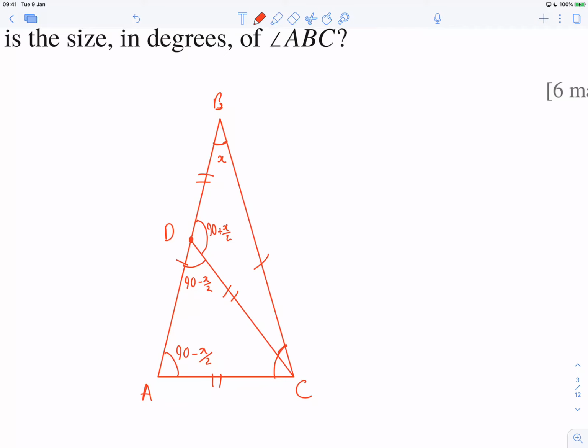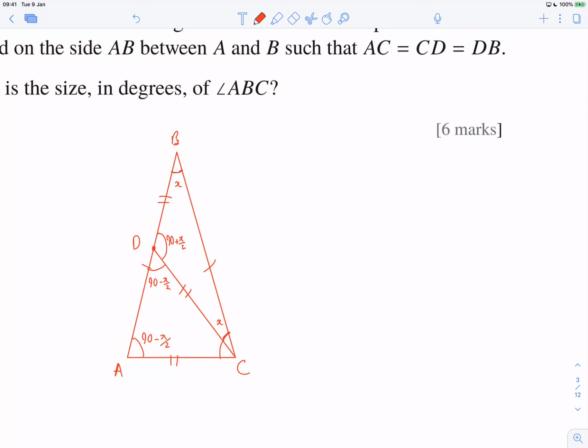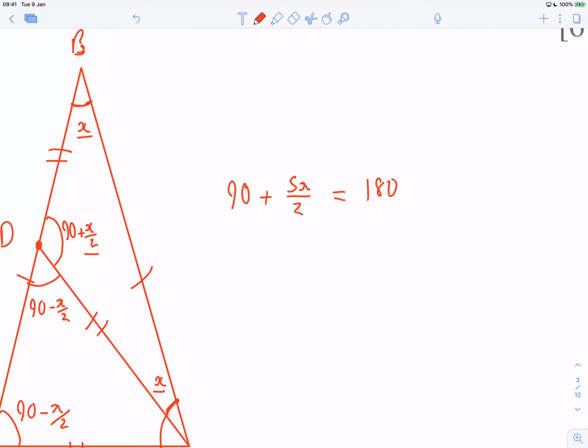And this angle here must also equal X, because the triangle DBC is isosceles. So we've actually got 90 plus an X, which is 2x, plus a half x, so 2.5x is 5x over 2. That must equal 180.